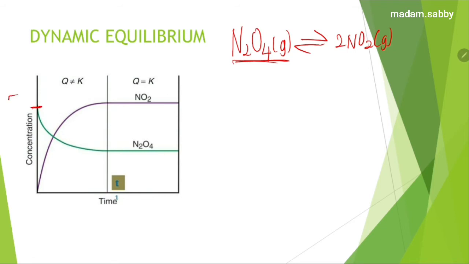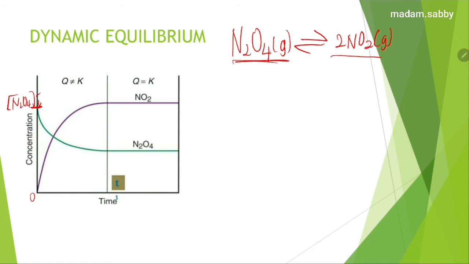N2O4 has an initial concentration, while my NO2 concentration starts from 0. As the reaction proceeds, the N2O4 concentration starts to drop because it is being used up to produce NO2, and the concentration of NO2 slowly builds up from 0.